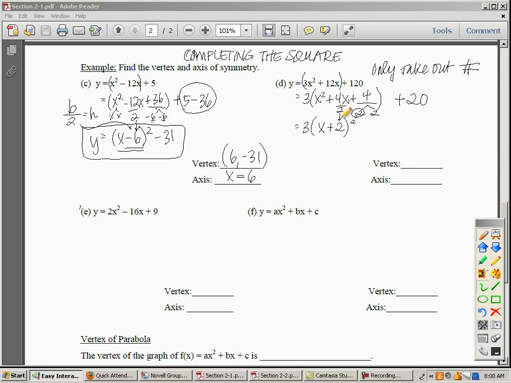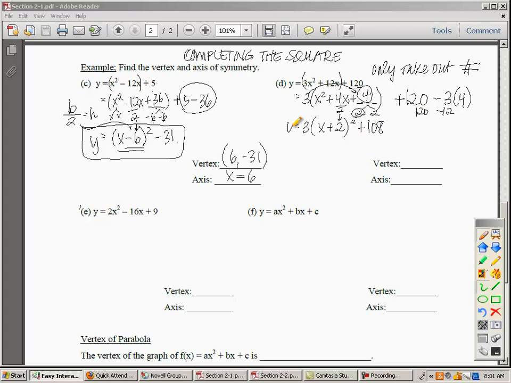Biggest thing though, I added a 4 in the parentheses, but there's a 3 outside. So this 3 times 4 is what gets added. So I'm going to subtract 3 times 4 because that 3 would get multiplied to the 4 as well. So I have here 120, I apologize, 120 minus 12 is a positive 108.